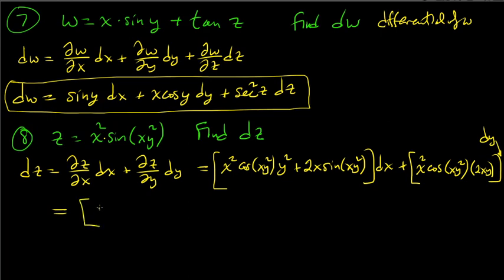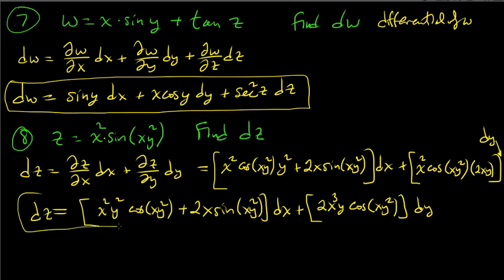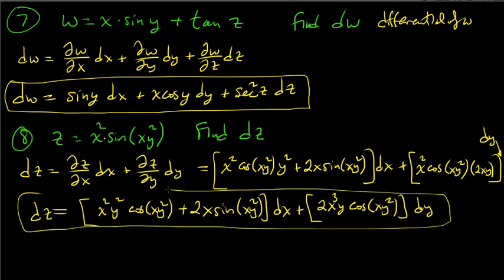So this is going to be x squared y squared times the cosine of xy squared plus 2x sine of xy squared, all times dx, plus 2x cubed times y times the cosine of xy squared times dy. So that's the answer in the answer key. So we'll go with that.